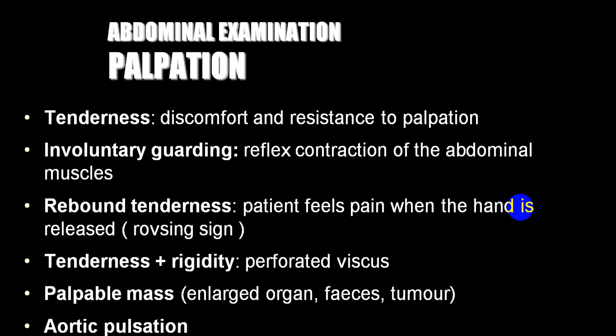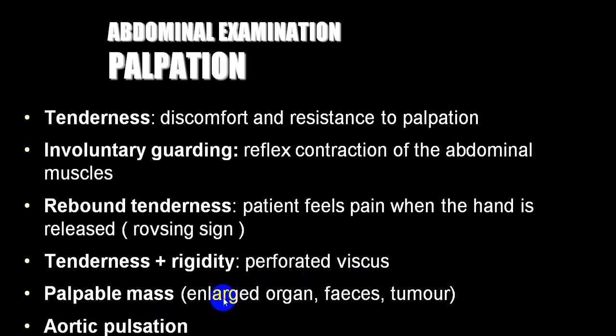This is called rebound tenderness. If there is tenderness plus rigidity, it is very frequent in a perforated viscus, like perforated DU, perforated GU, or perforated typhoid ulcer.